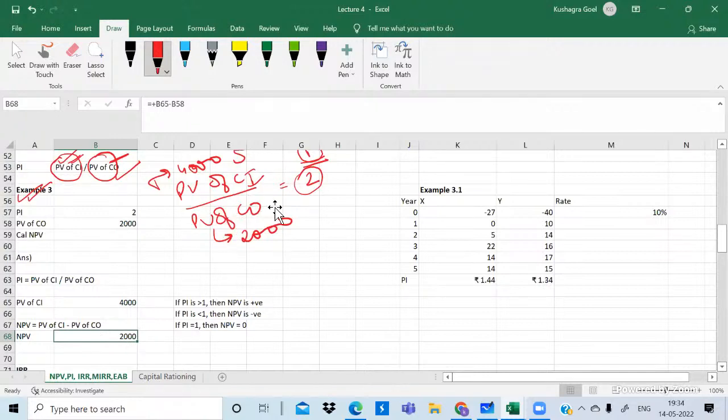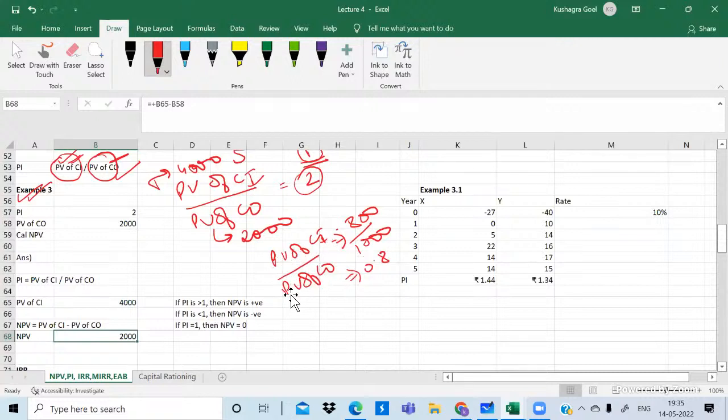Similarly, let's say you get a profitability index which is less than 1. So let's say present value of cash inflow upon present value of cash outflow, let's say this is 800 and this is 1000. So you get a profitability index of 0.8, which is less than 1. Now, if somebody asks what will be the NPV of the project, what is NPV?